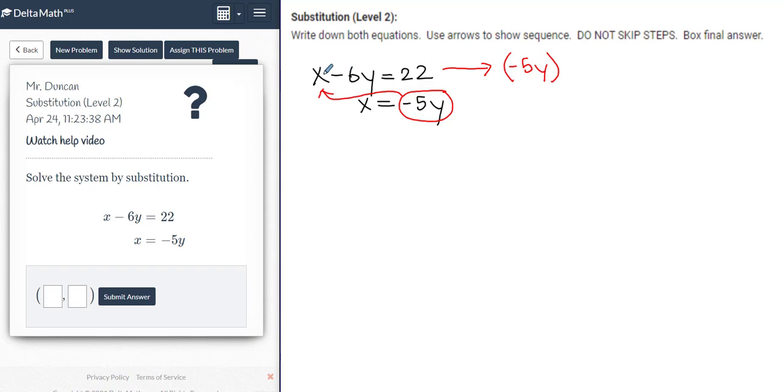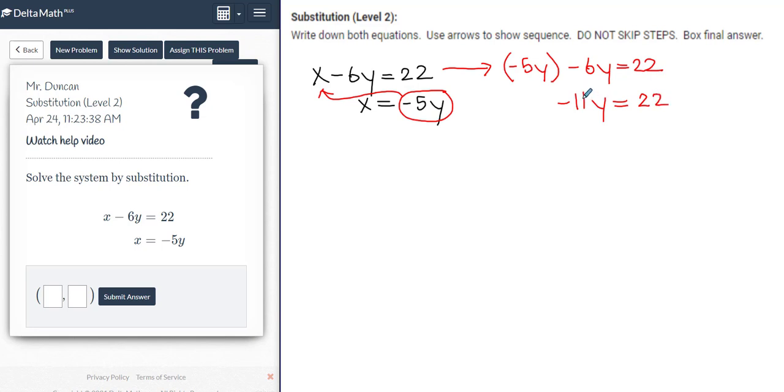So notice negative 5y takes the place of x, and now I'll rewrite the rest of the equation, which is negative 6y is equal to 22. Negative 5y minus 6y, those are both variable terms, so we'll just combine those automatically. That's going to simplify to negative 11y equals 22.